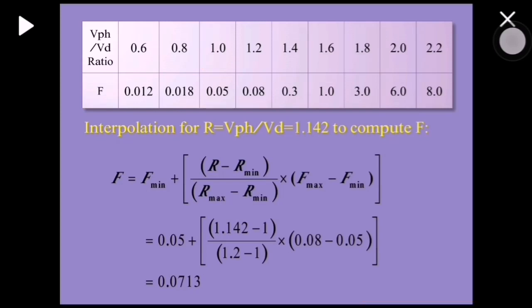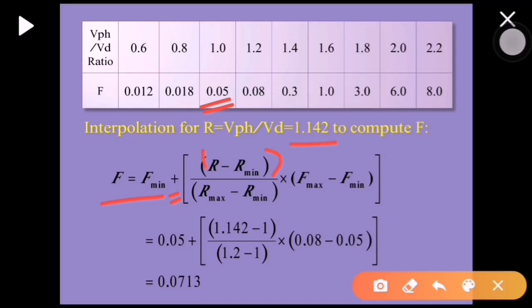It can be given as f equal to f minimum, which means the lower band value of f, that is 0.05, plus, in the numerator, r minus r minimum. R is the computed r, 1.142. R minimum is the lower band value of r, that is equal to 1, divided by r max minus r minimum. R max is the upper band value of r for the given interval.